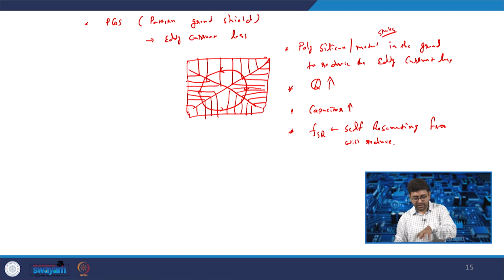So when there is an inductor drawn at the top, at the bottom there is a pattern ground shield. PGS is widely used in order to reduce the eddy current loss. There are other substrate losses which are already there, but this one we can reduce by using this method.